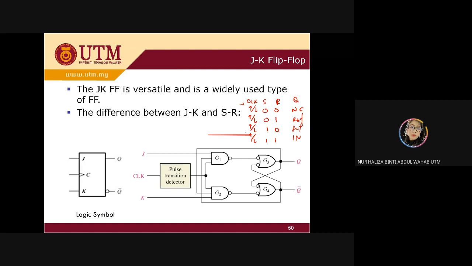But the only difference for JK is at this part. For JK, under your table, not for the flip-flop, the only thing is that there is no invalid state. Now for JK, for 11, it is going to be toggle. That is the only difference for the output side under JK.